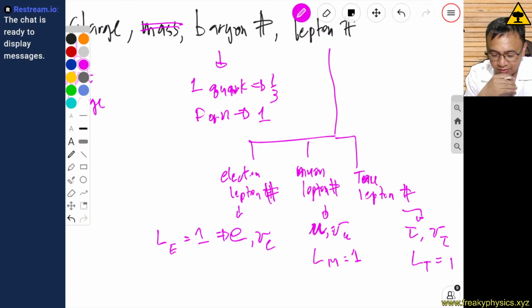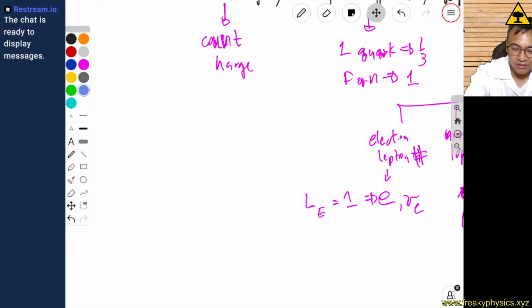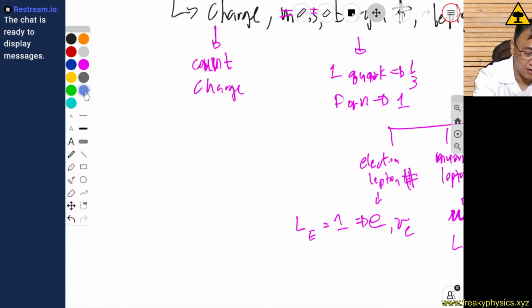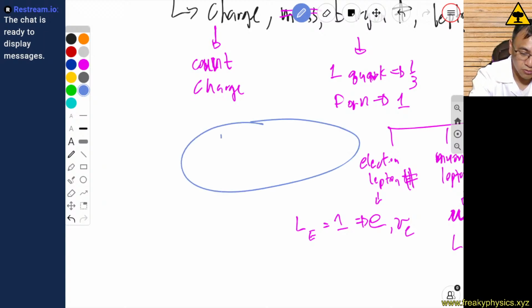All right. There is one thing we need to know before we continue here. All antimatter particles would have the negative values of these.